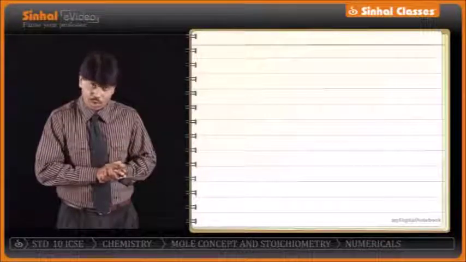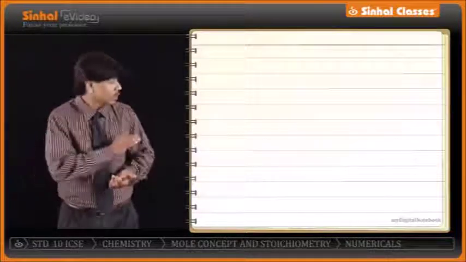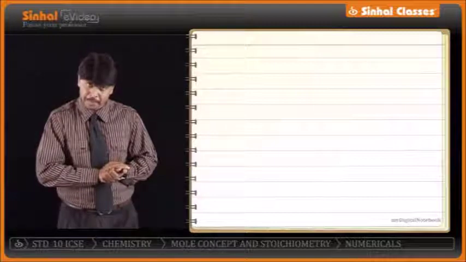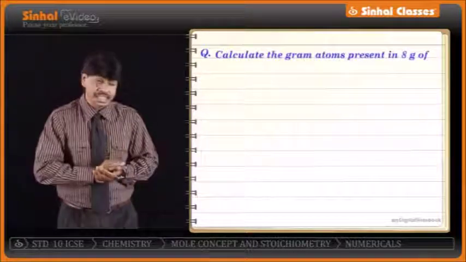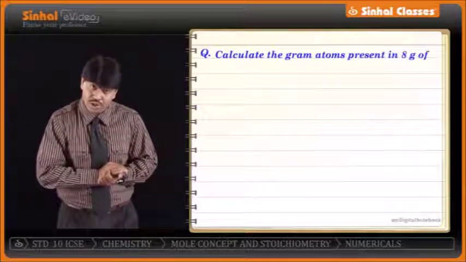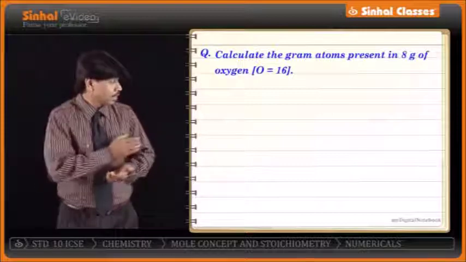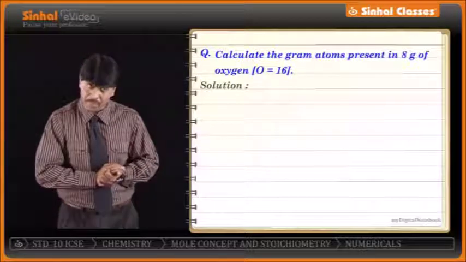Let's take one more numerical to find out gram atom and gram molecule. First, the question can be framed like this. Calculate the gram atom present in 8 grams of oxygen. In bracket, weight of oxygen is 16. Now we know the formula for gram atom.